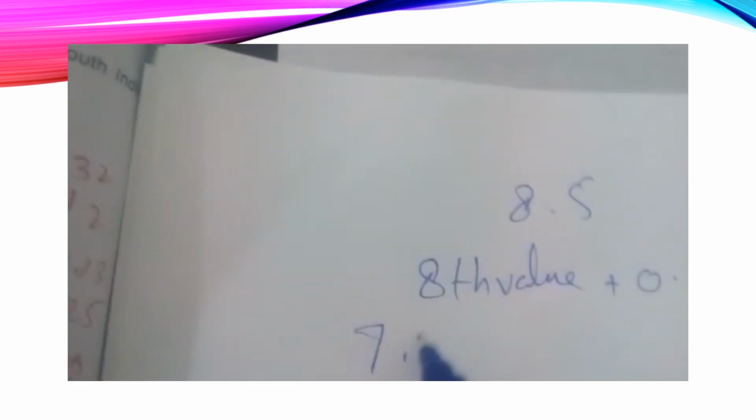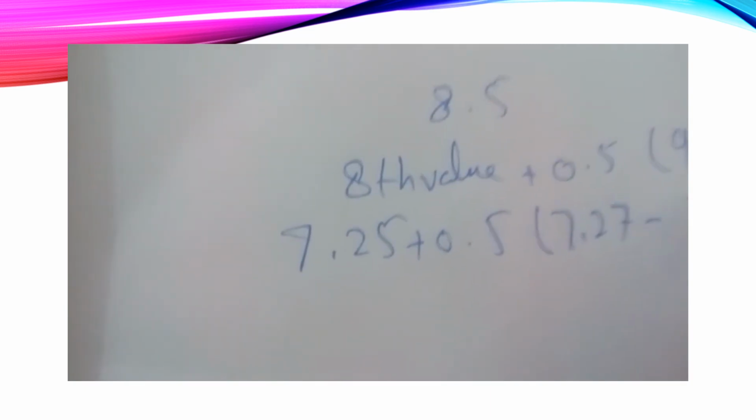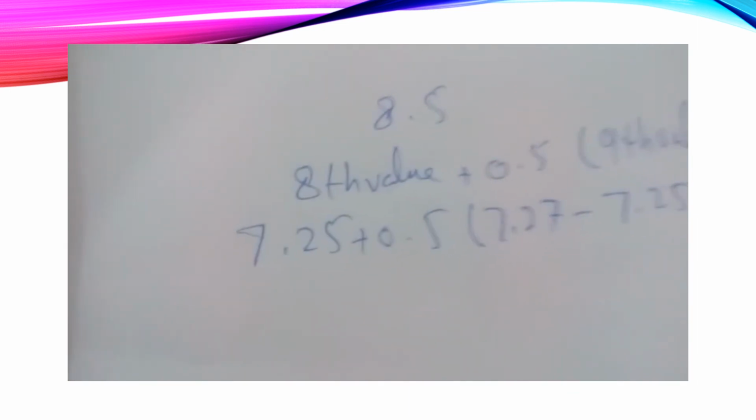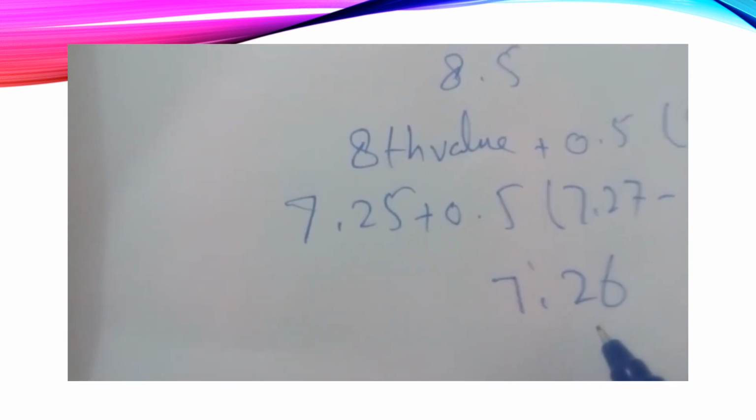So the 8th value is 7.25 plus 0.5, the 9th value is 7.27 minus 7.25, and the answer of this step is 7.26. So the median is 7.26.